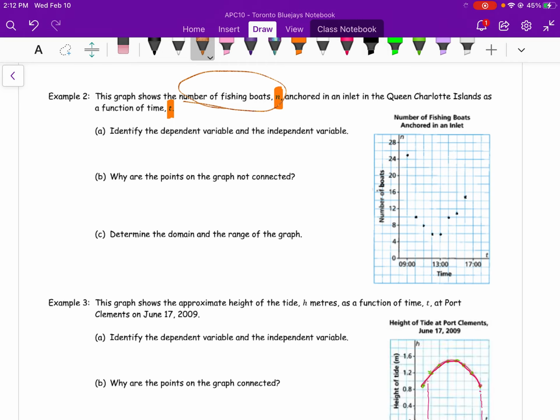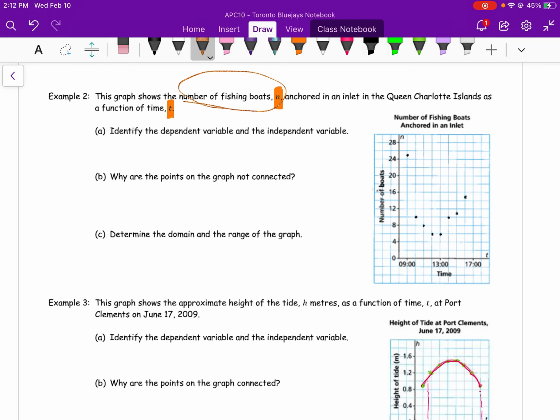Well, the dependent variable depends on the independent variable. So, may I ask you, does the number of boats on the water determine the time? Or does the time determine, let me say that again.